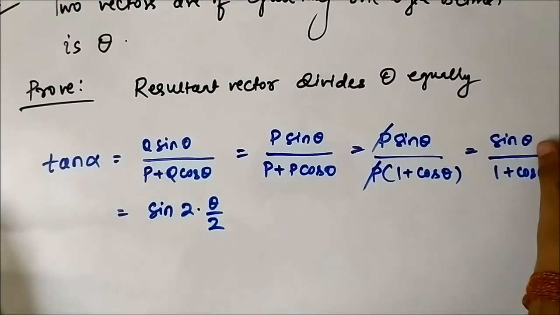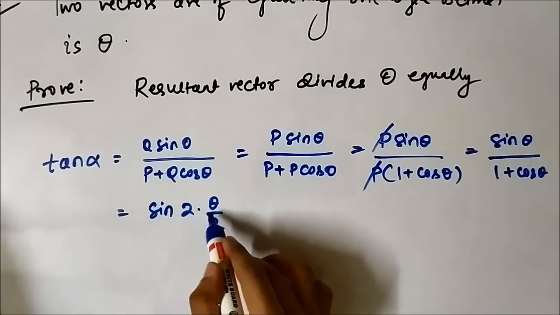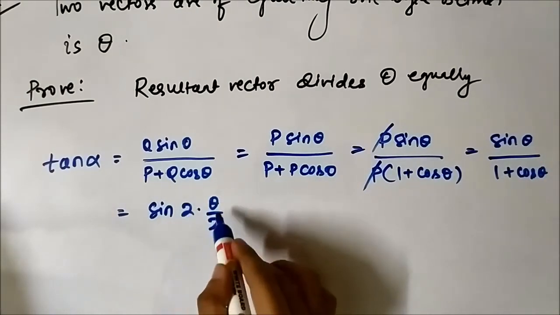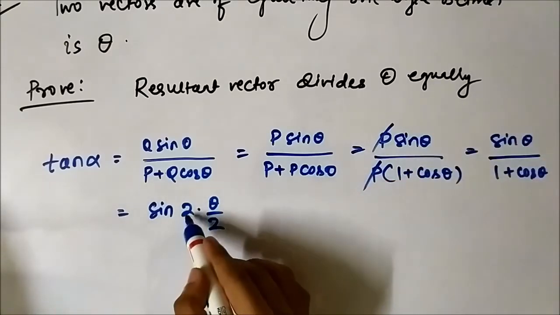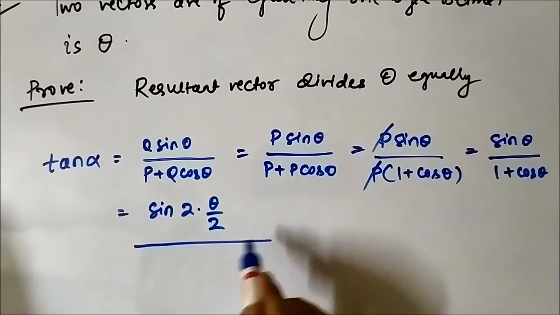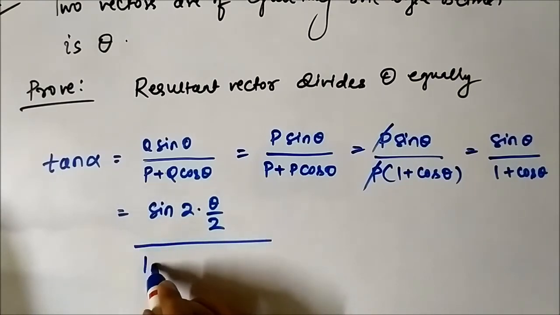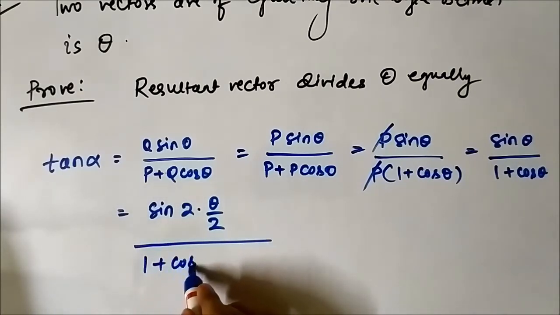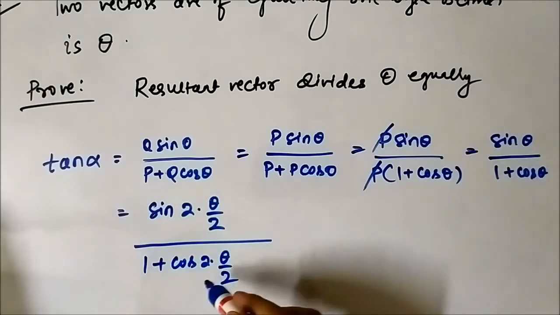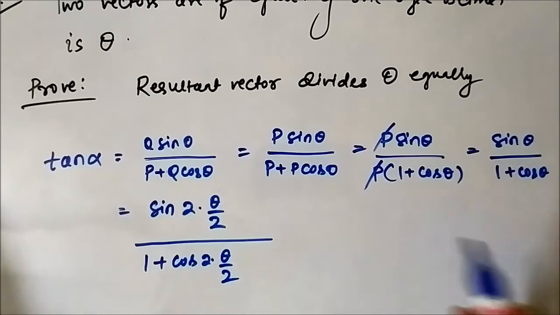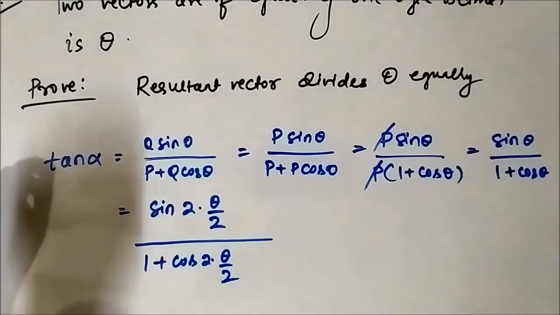We have written sine theta as sine 2 into theta by 2. We write the denominator as 1 plus cos 2 theta by 2; cos theta we have written as cos 2 theta by 2.